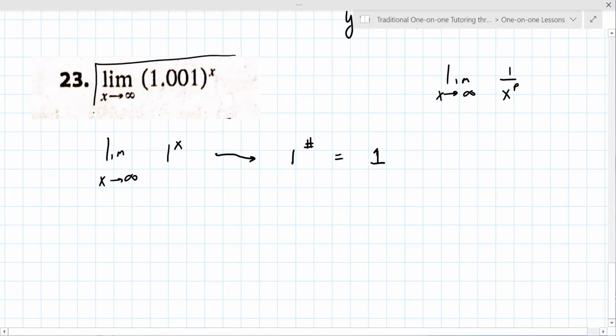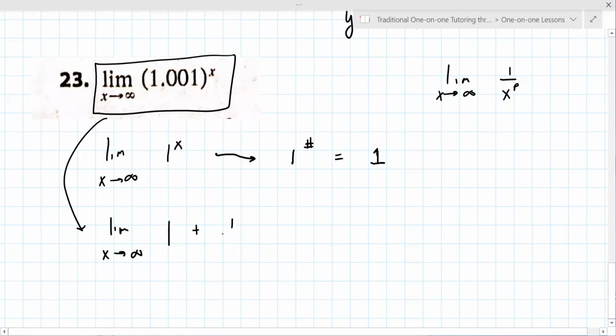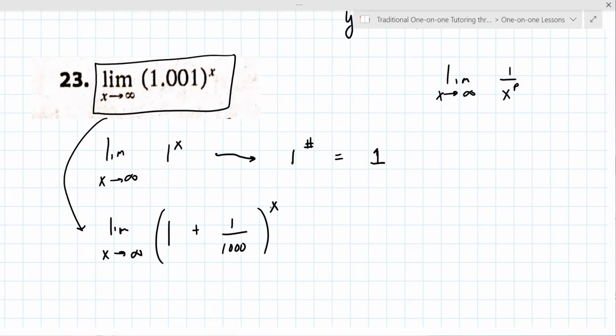So this right here is probably what your instructor wants to see. This is the limit as x goes to infinity of (1 plus 1 over 1,000) to the power of x. Now, this is kind of not correct, what we're about to do, but this thing right here grows indefinitely.